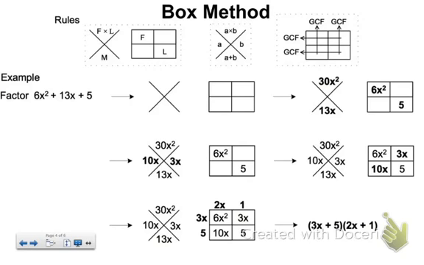and it's just like undoing what you do when you use the box to multiply binomials. So what ends up happening is you take the first term, the ax squared term, and the c, and you multiply them. So 6x squared times 5 is 30x squared. That is going to go in the top part of the v. Then you take the middle term, and that goes in the bottom part of the v.